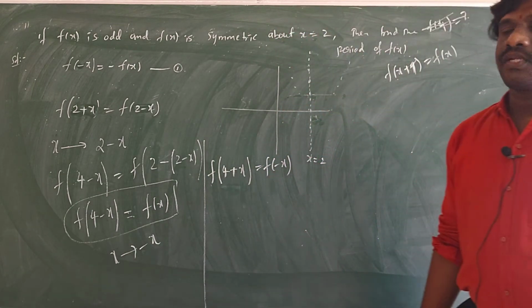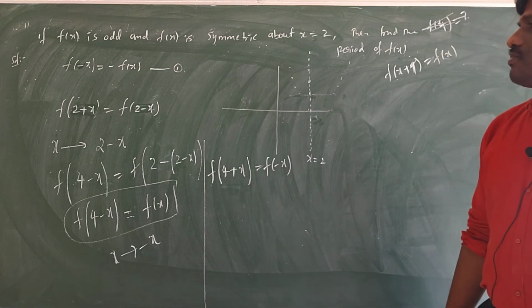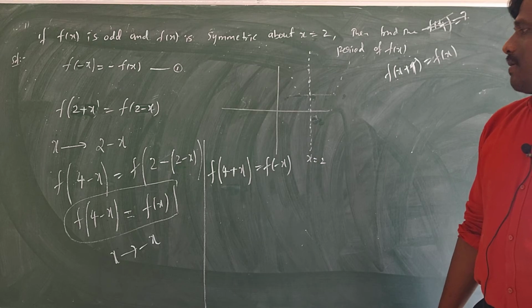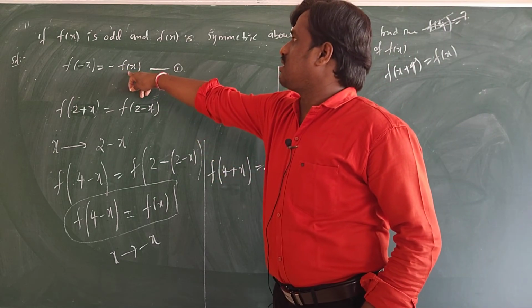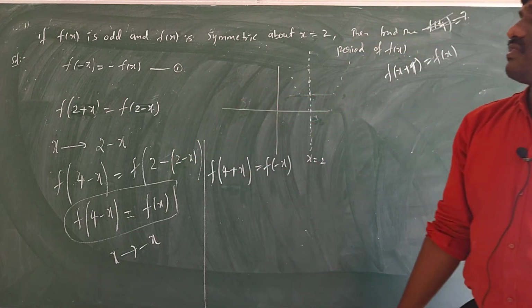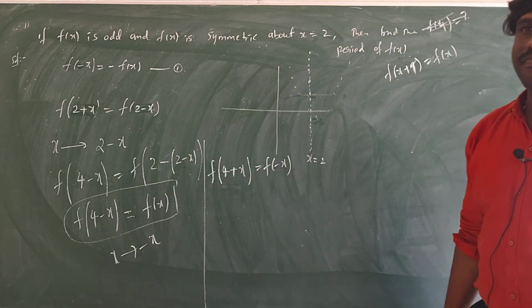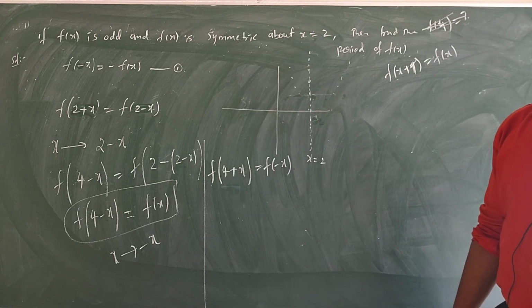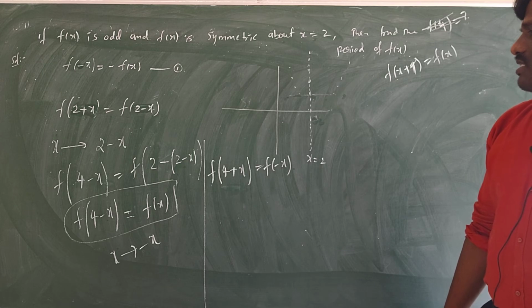Right? But again a problem came here. But the rule given is f of minus x is equal to minus f of x. So what can I write here? Minus f of x.